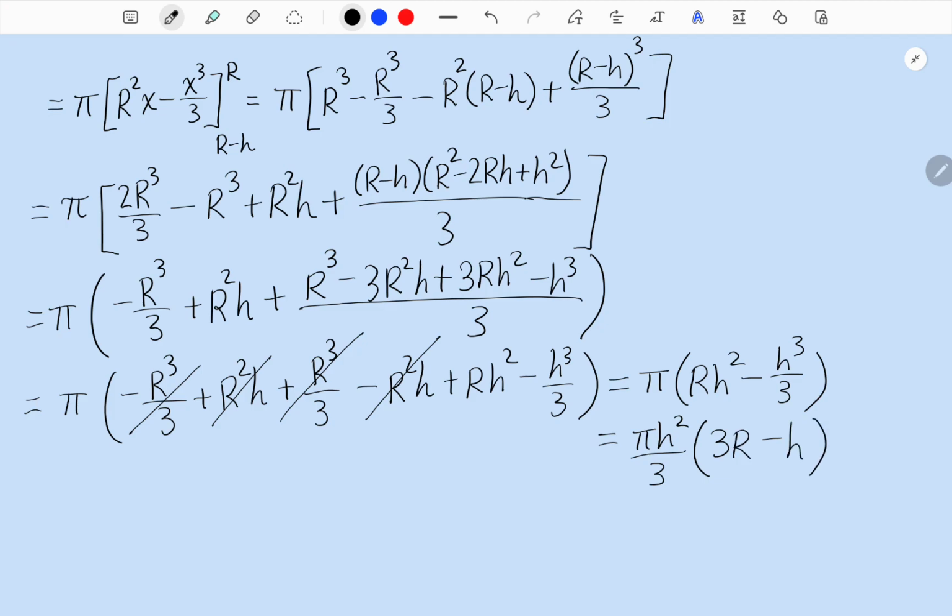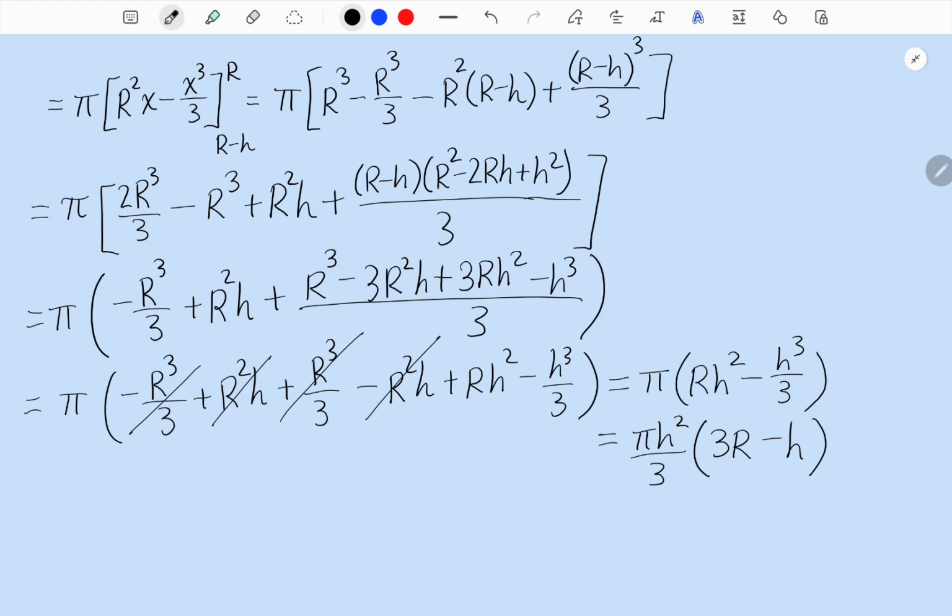Okay. Yeah. Because factoring out the 1/3, essentially you're just dividing out the 1/3 inside here. So then, yeah, this should be it. Cool. So yeah, pi h squared over 3 times bracket 3r minus h.